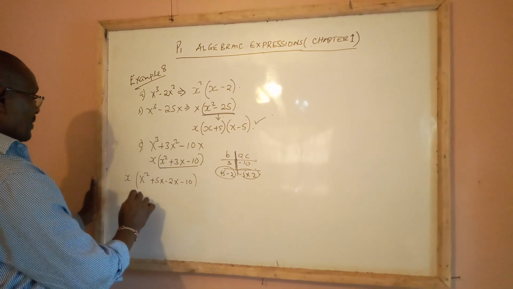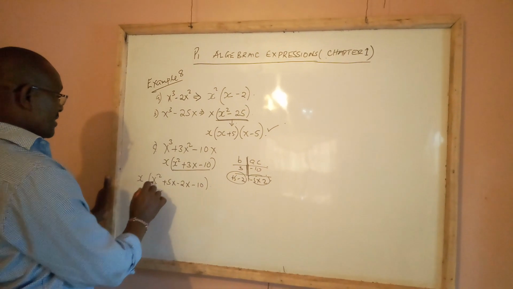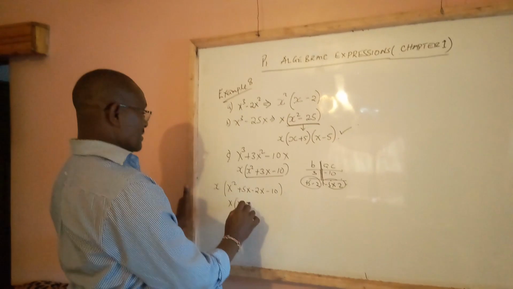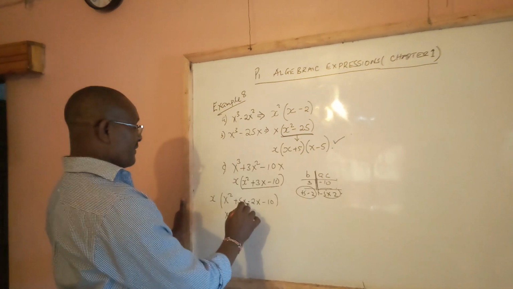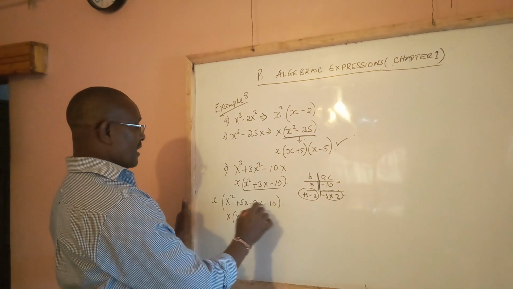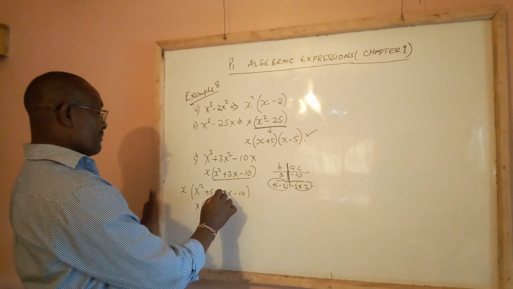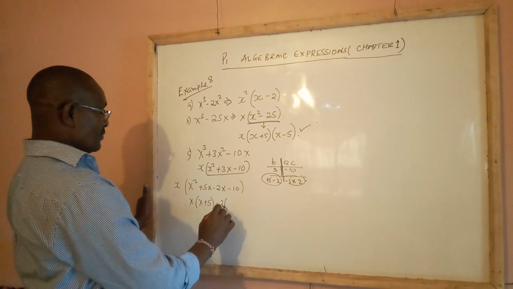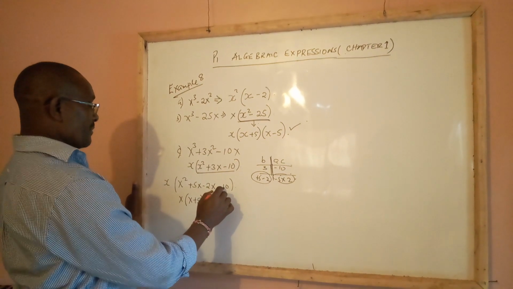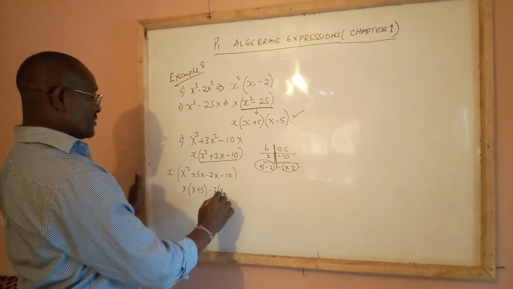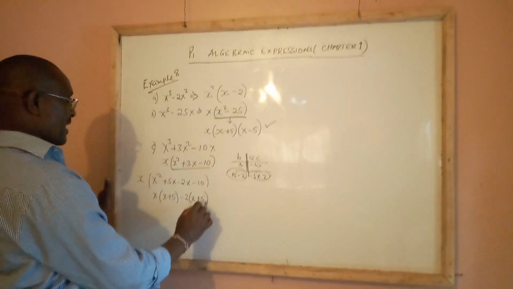Within this part, we have x, which is common. In the first two, x plus 5. And then we have these negatives come over there. And between 2x and 10, 2 is common. Minus 2x divided by negative 2 is x. Minus 10 divided by minus 2 is a positive 5.